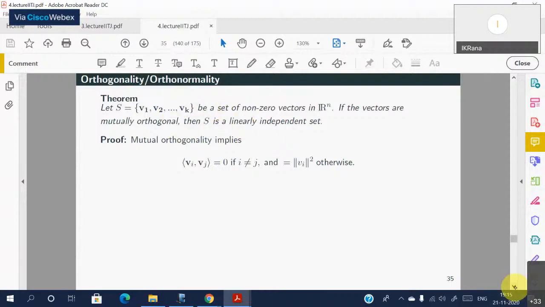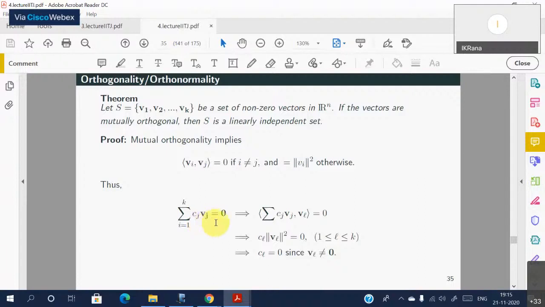That is a very easy thing to show, because if the sum of alpha_i vi is equal to 0, take the dot product with any one of them, say vl. When you take the dot product, mutual orthogonality says the dot product is equal to 0 when j is not equal to l, and when j is equal to l, it is equal to 1. So that gives you cl is equal to 0.